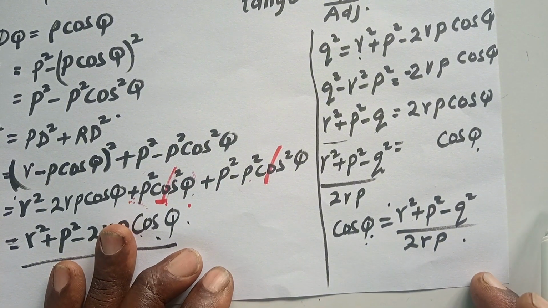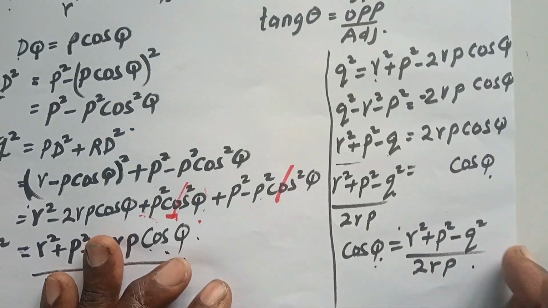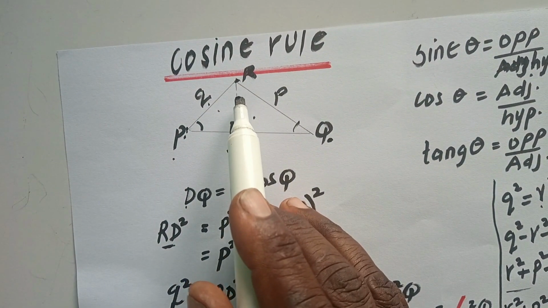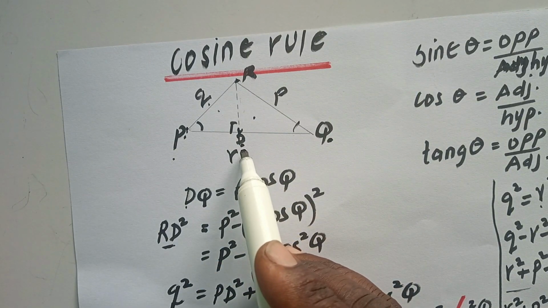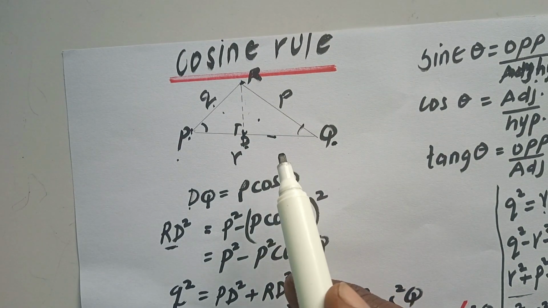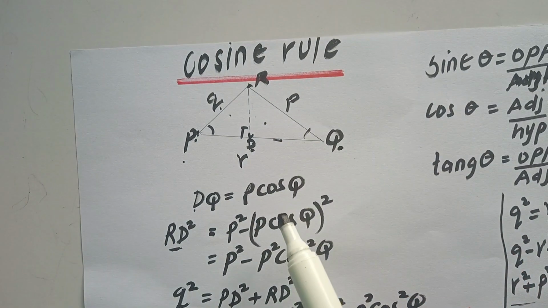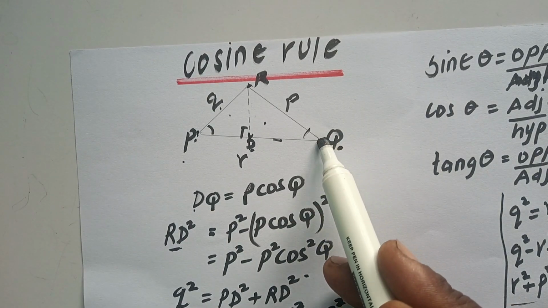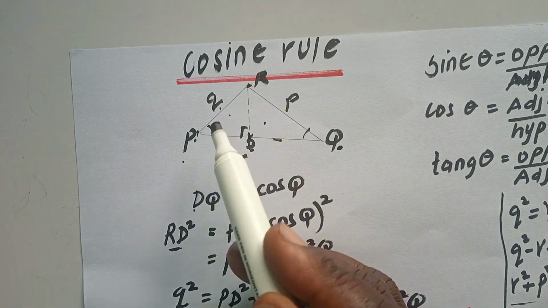So that is how the cosine rule is generated. You begin by drawing a triangle like that, drop a perpendicular, and then begin from this side, DQ equals that, you work backwards. Alternatively, you can stand at point Q and drop a perpendicular on line PR.